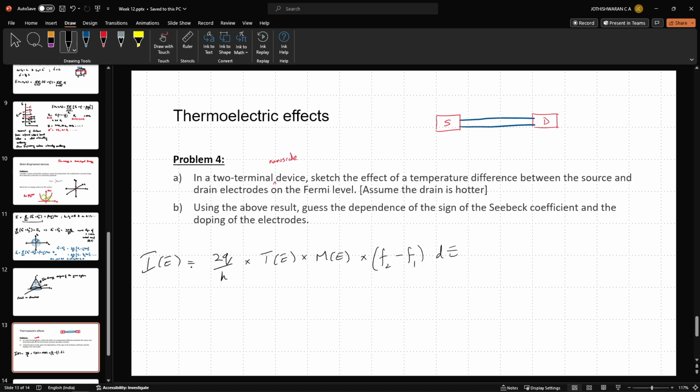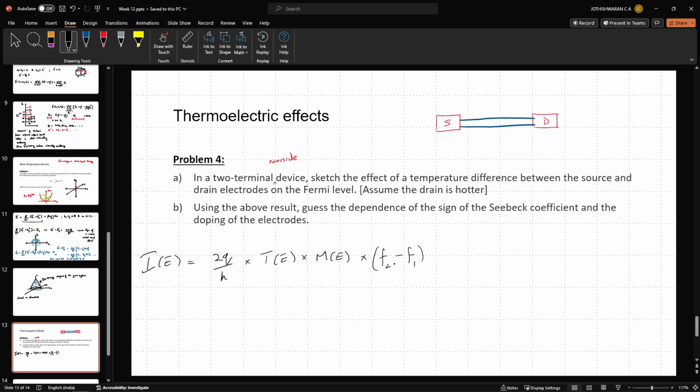I can drop the dE. That's fine. So the specific current at a given energy level is given by this. Now these quantities we can calculate, as they are based on the structure and size of our material. So temperature does not play a role here. The only place where temperature dependence appears is in F2 minus F1.